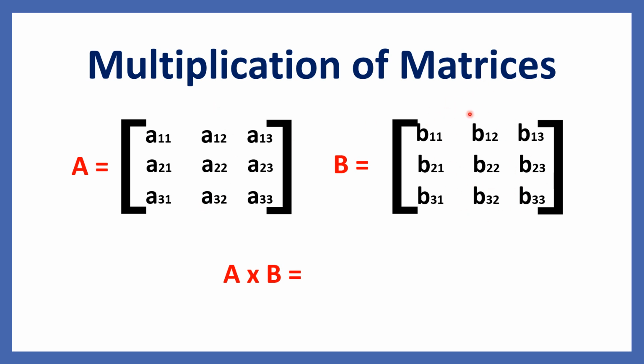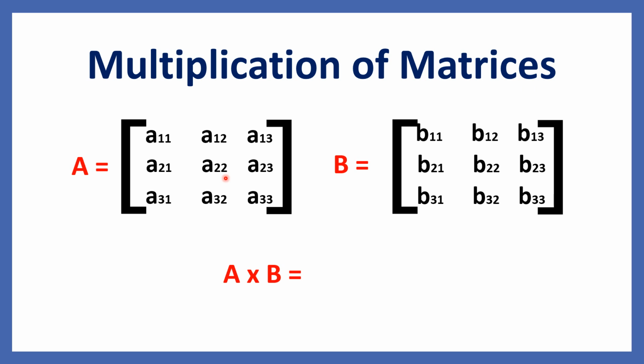Suppose we were asked to find B into A, then we have to consider B as the first matrix and A as the second matrix. That is, the order in which we multiply is very, very important in multiplication of matrices. Here, we are asked to multiply A with B, that is A into B. So, we have to consider A first. Now, let us see how the multiplication is done.